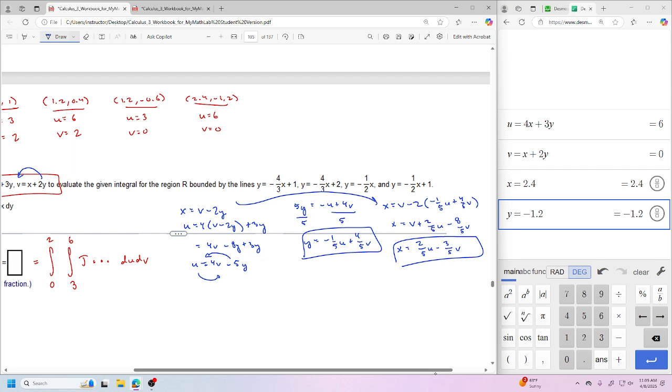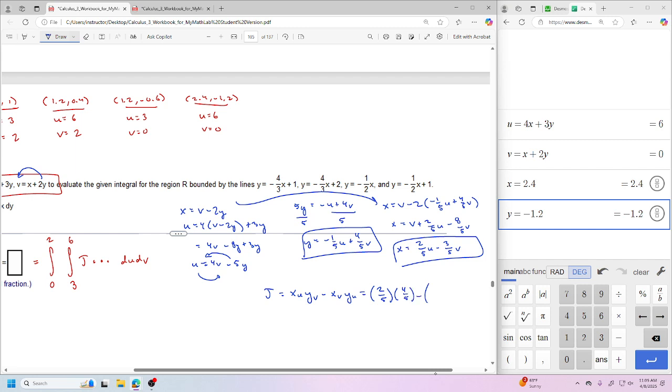Okay. So I got those. Now I can finally find my Jacobian. Again, that's xuyv minus xvyu. x in terms of u, and y in terms of v. Sweet.